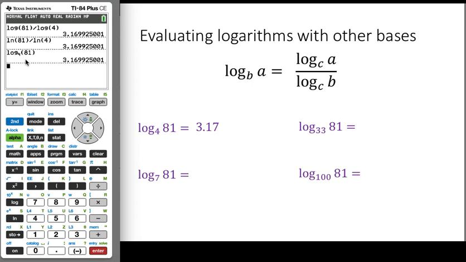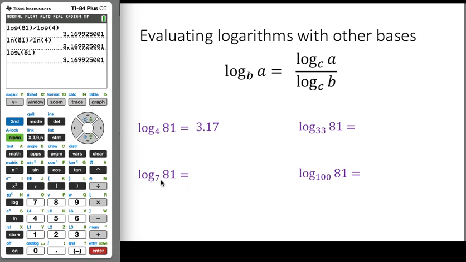Now, I don't tend to use that function because most of the time it's less buttons to just press this. Okay, and use this formula, and it's a good way to remember the formula by constantly doing it. But you'll see that's there.